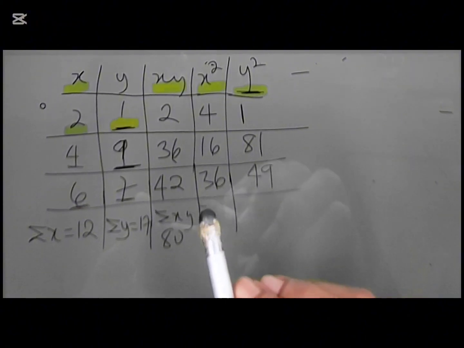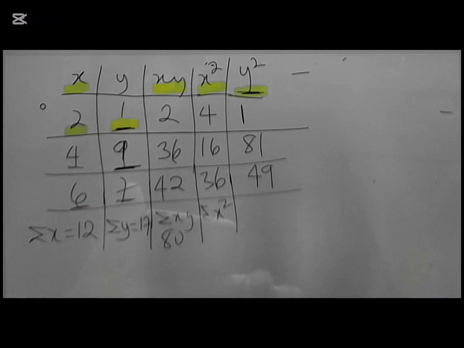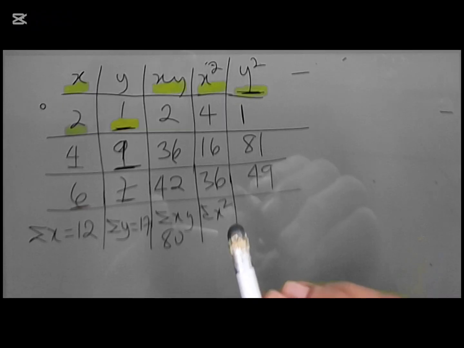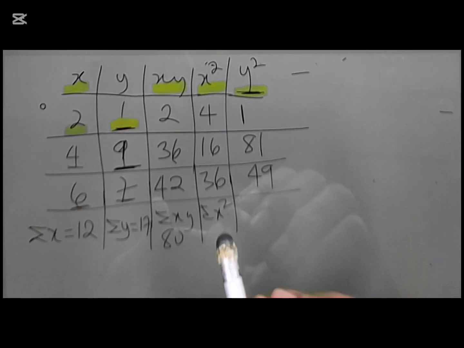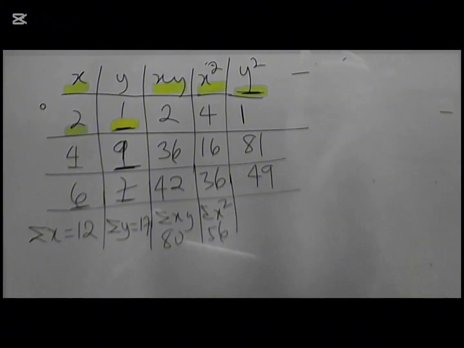To get the sum of s squared, that is 4 plus 16 plus 36. We have this to be 56.